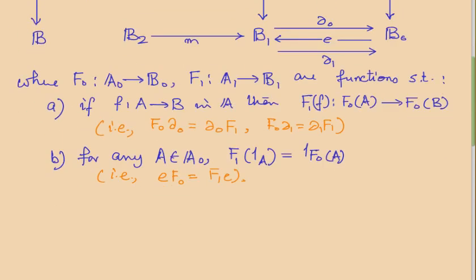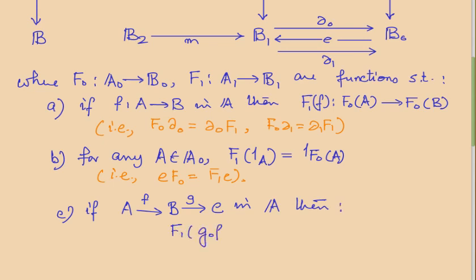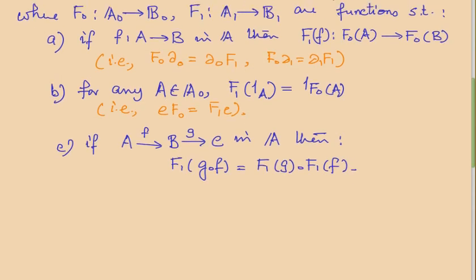And finally, there is another structure which is the composition. If G and F are morphisms in A, then F1 of G composed with F1 of F. Okay.